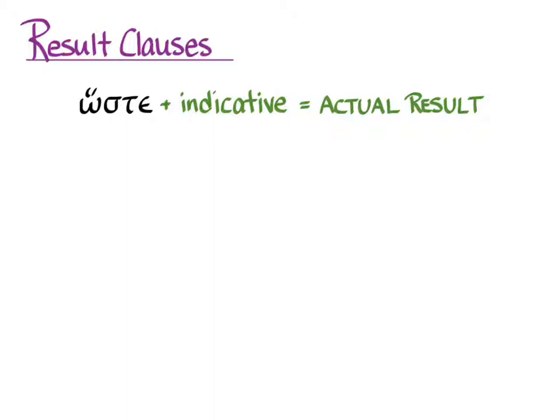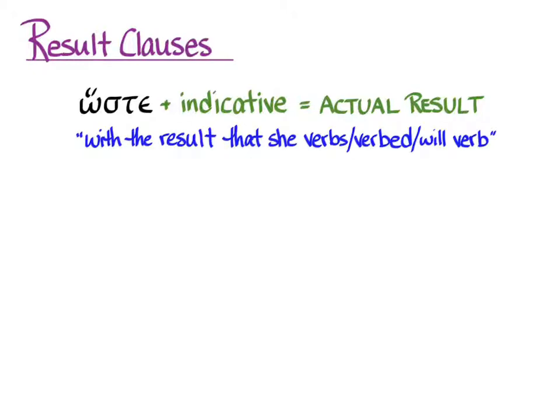So it's an indication of something that's a fact or is a certainty, and so that's why it has the indicative. The default translation is, with the result that she verbs, or with the result that she verbed, or with the result that she will verb. And since it's an indication of fact, its negative is ou, as is true for most indicatives.